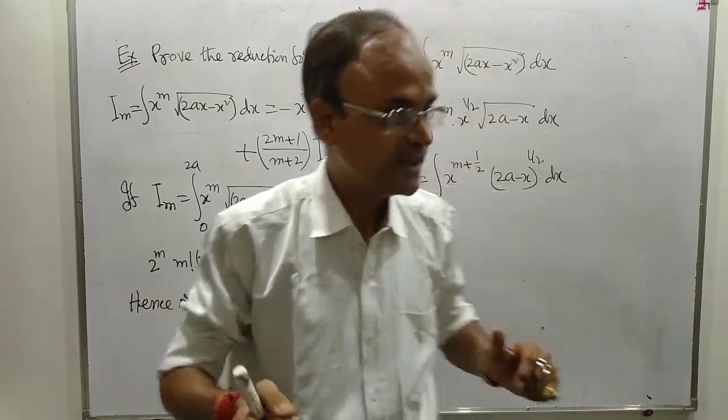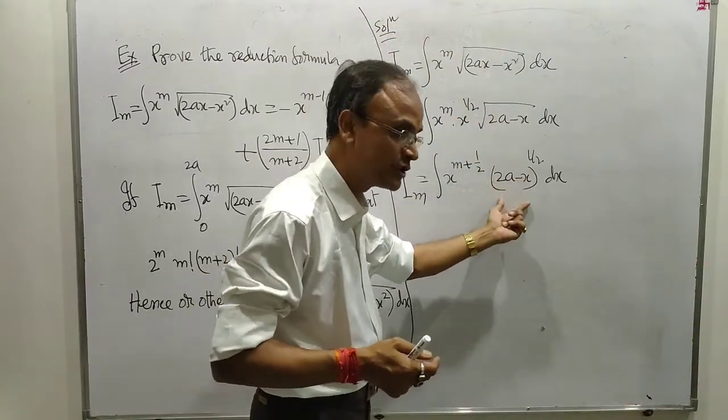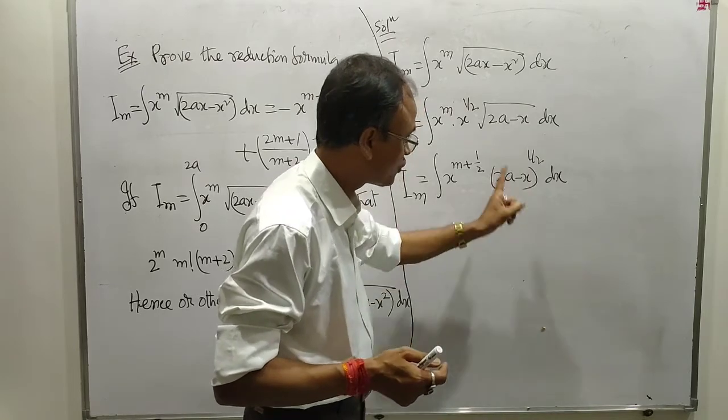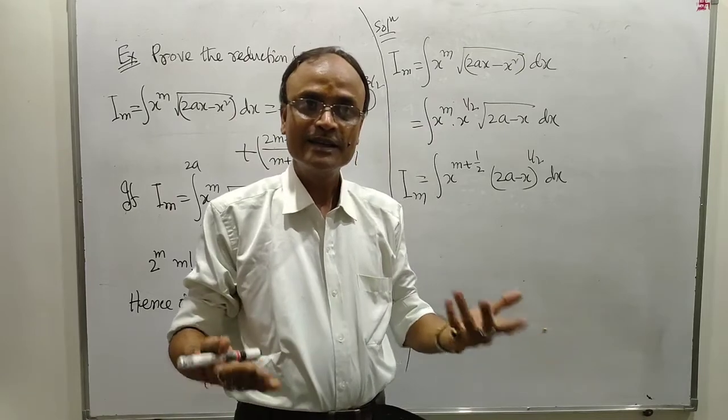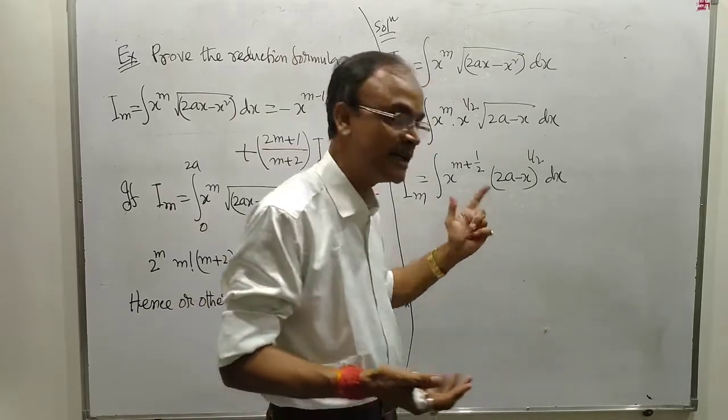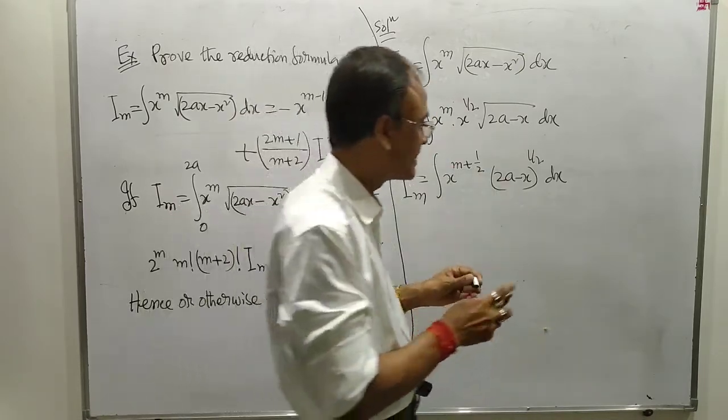The integration of this is minus twice a minus x whole to the power 3 by 2 divided by 3 by 2. Therefore, you can integrate this by parts.